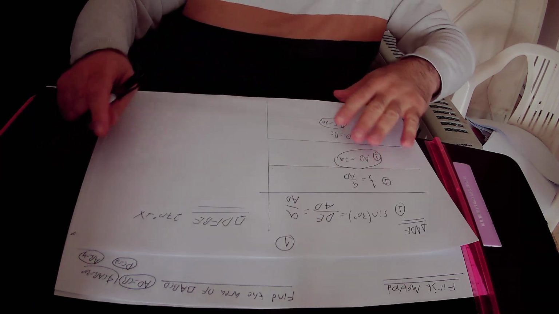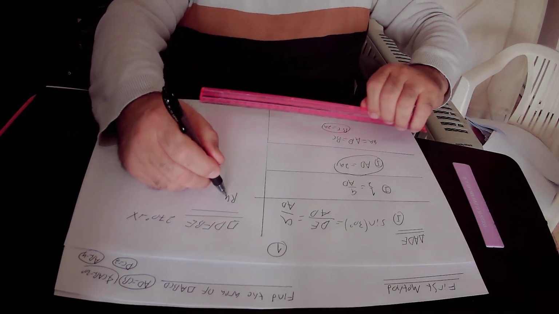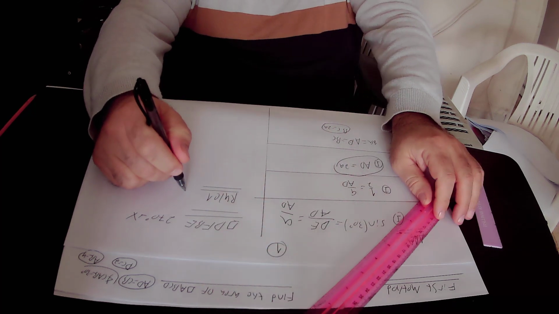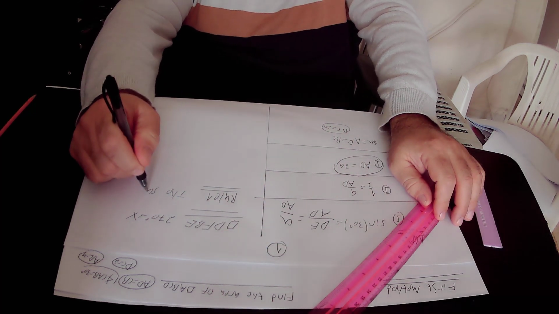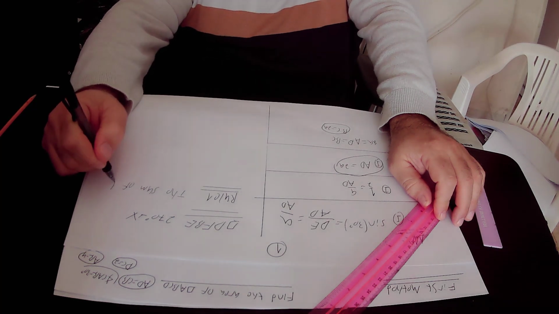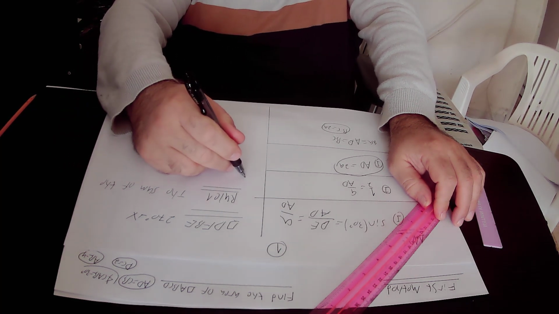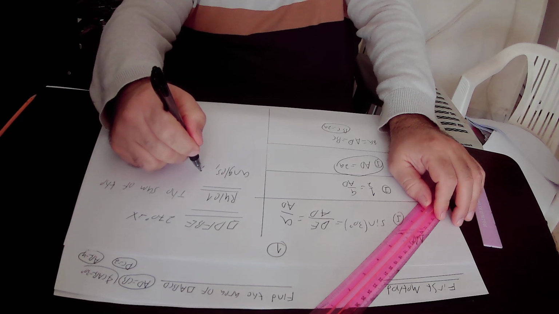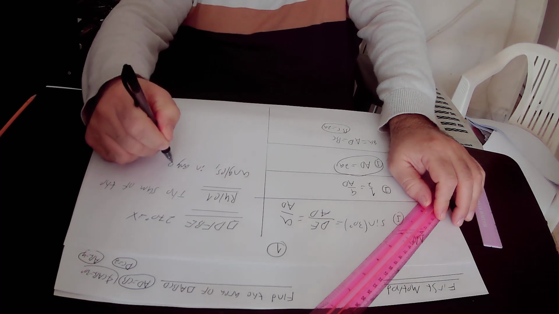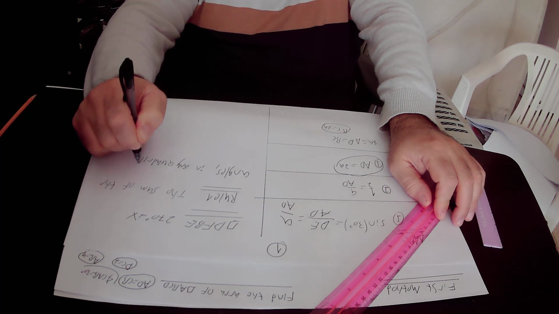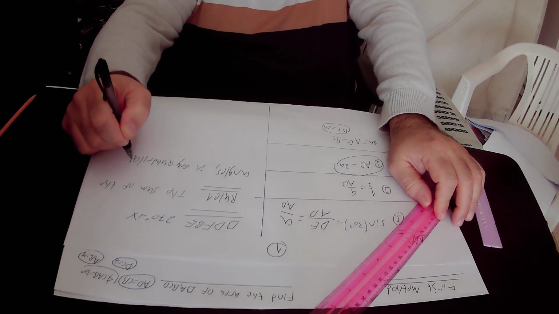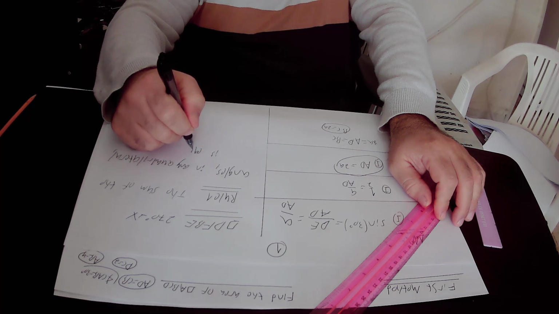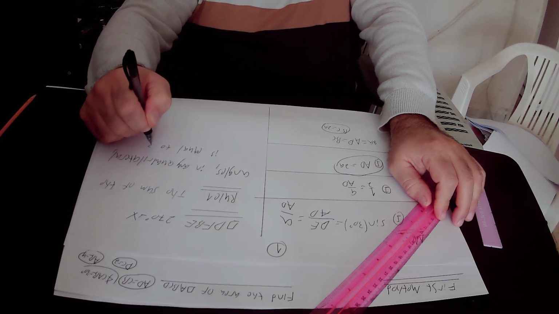And we have rule number 1. According to rule number 1, the sum of the angles in any quadrilateral is equal to 360 degrees.